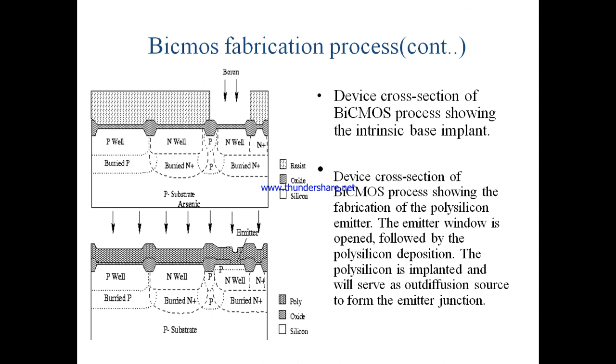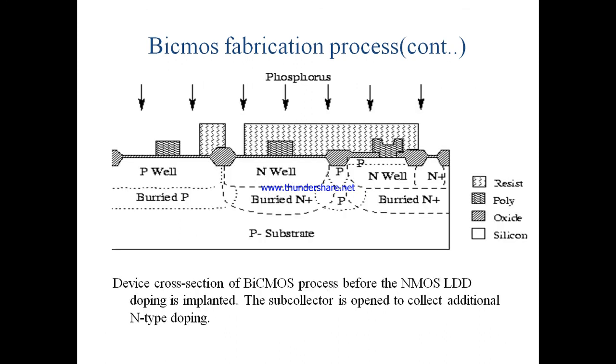The device cross section of the BiCMOS process showing the fabrication of the polysilicon emitter. The emitter window is opened, followed by the polysilicon deposition. The polysilicon is implanted and will serve as an out-diffusion source to form the emitter junction. Before the NMOS LDD doping is implanted, the subcollector is opened to collect additional N-type doping.